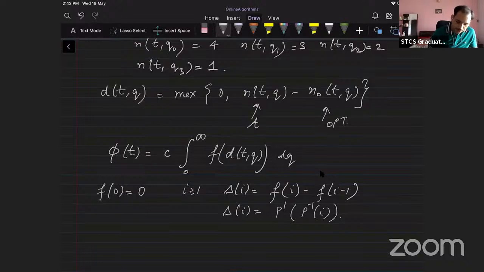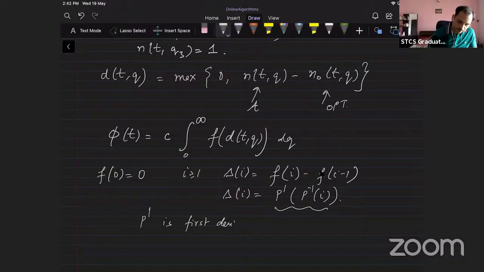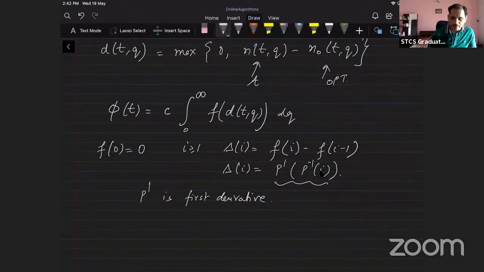It's slightly convoluted to define, but if you see it carefully, what does this quantity mean? p prime is the first derivative. So p prime of p inverse of i: you think of p prime of x where x is equal to p inverse of i.